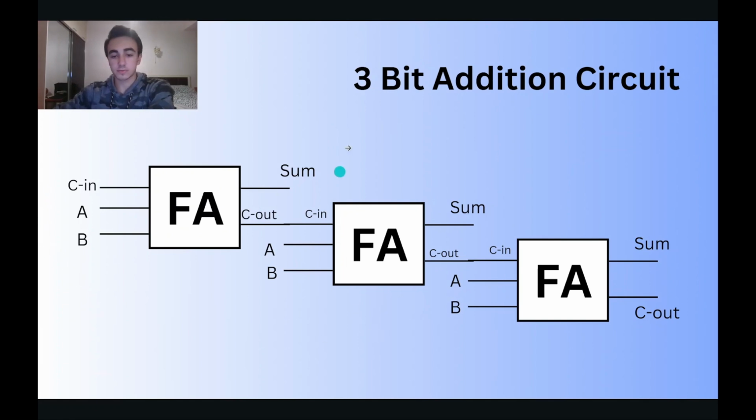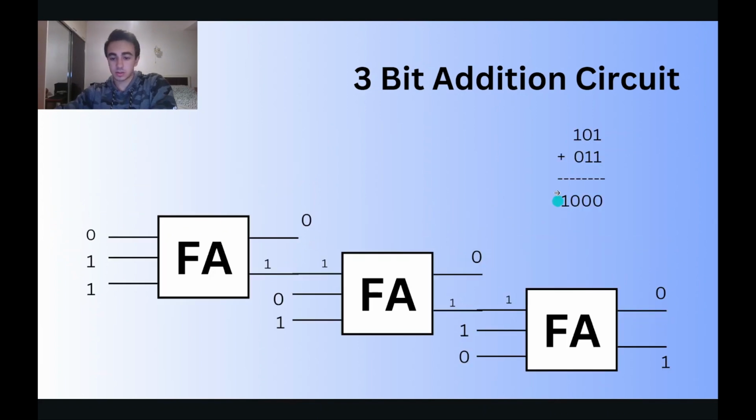So if we want to do addition of, for example, 3-bit binary numbers, we would like to have three full adders, one for each column. You see that, for example, here, the first column is 1 1. The first full adder gets inputs 1 and 1. Because this doesn't have any carry, the input for carry is 0.